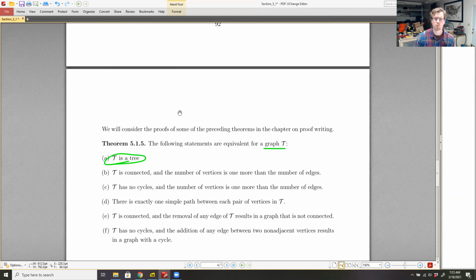Now it can't be just one. So if I were to have something like, let's give an example here. By removing one particular edge and finding that it's disconnected doesn't mean that it's a tree.